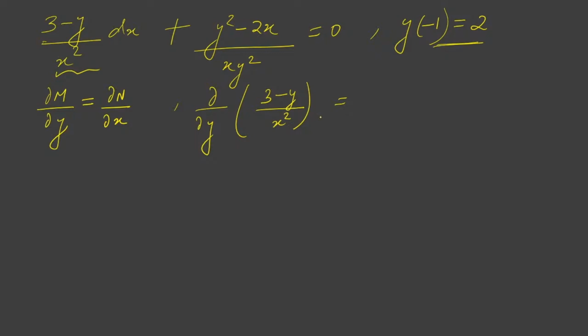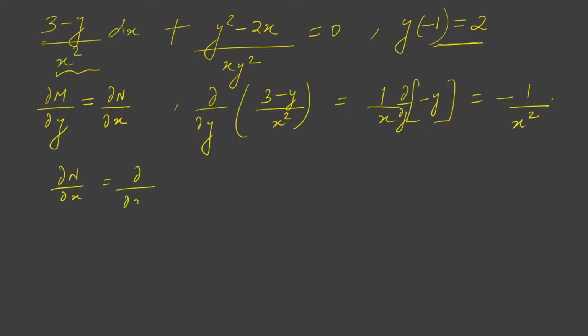So minus y by x square will be the derivative part. So 1 by x square is again constant, right? What is the derivative of minus y, del y of minus y? So that is equal to minus 1. So minus 1 by x square. So what is del N by del x? Del N by del x is equal to del by del x of y square minus 2x divided by x y square.